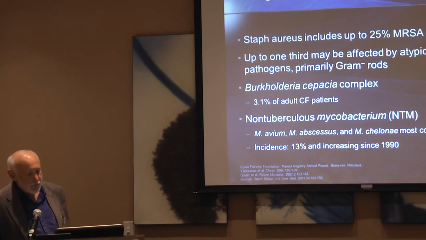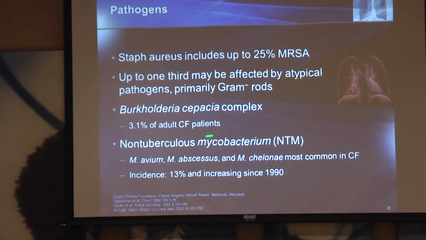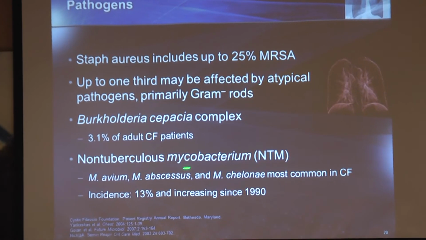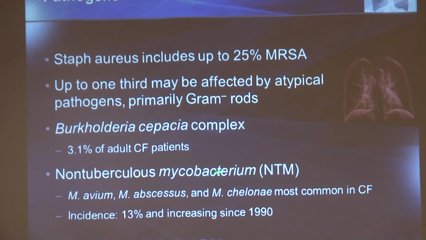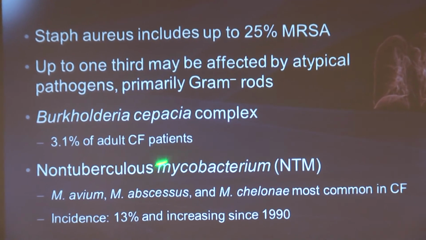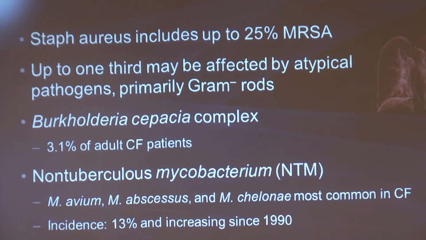One thing that is very worrisome in recent years has been the increase in a form of mycobacterium called non-tuberculous mycobacteria. TB is in a family called mycobacteria. So this is not TB, but these are relatives of TB. These are bugs that are like TB, and they have a predilection for people with damaged lungs. So we're seeing this increasingly in our patients with CF.